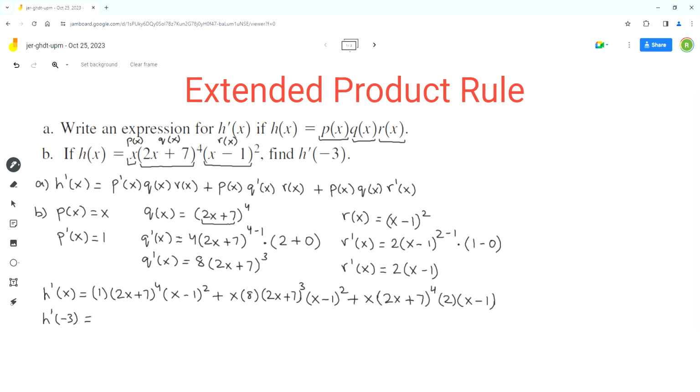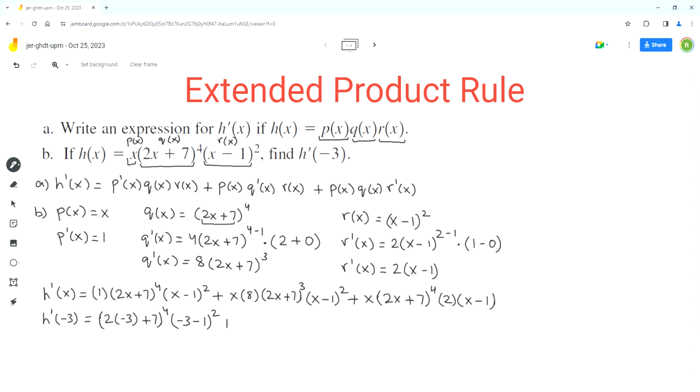So in the first part, multiplication by 1 won't change anything, so the 1 goes away, so we get (2 times negative 3 plus 7) exponent 4 times (negative 3 minus 1) squared.